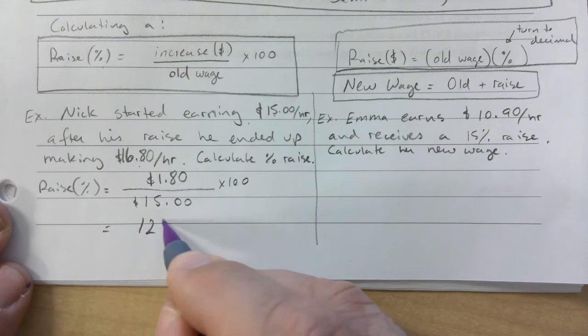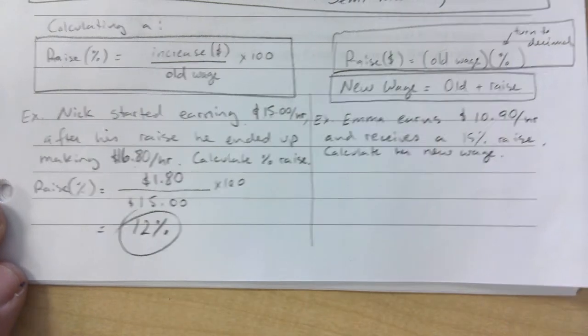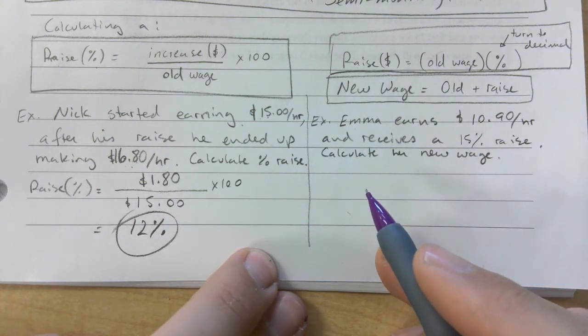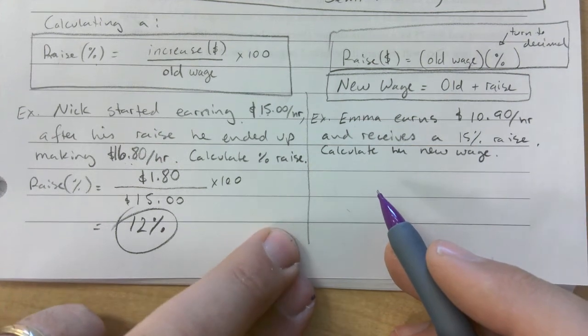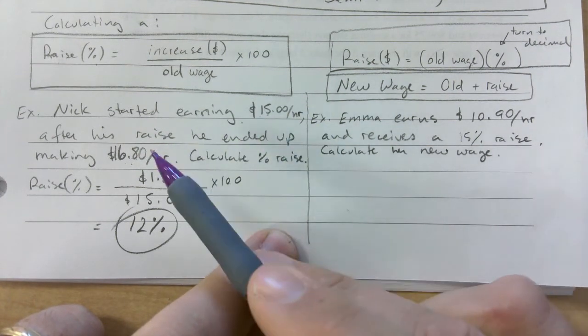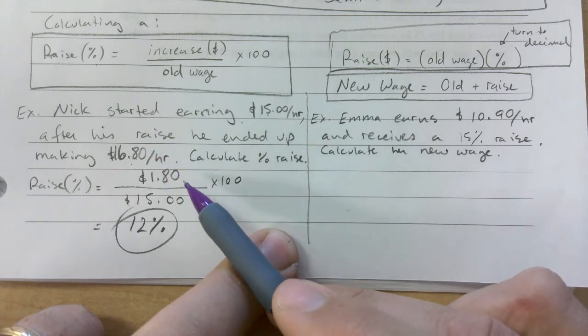And that ends up being 12%. It's the equivalent of getting a 12% increase exactly. If it had been more decimals, then you just round to 2 decimals, right? So you basically need to subtract the before and after to get the increase here.